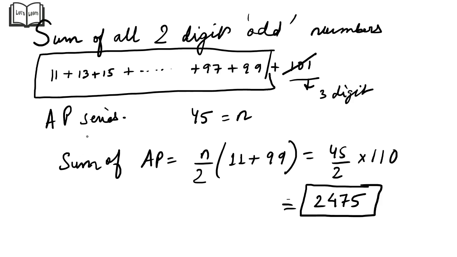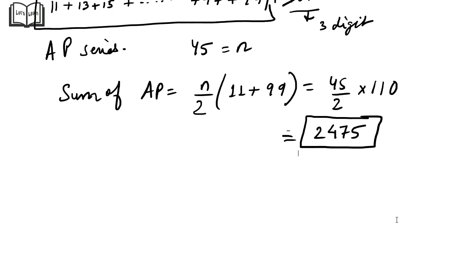Similarly, if it is asked to find the sum of all three-digit numbers where the numbers are odd, in that case also it can be easily done. I'll just show you very briefly. So the numbers start with 111, 113, dot dot dot plus 999.